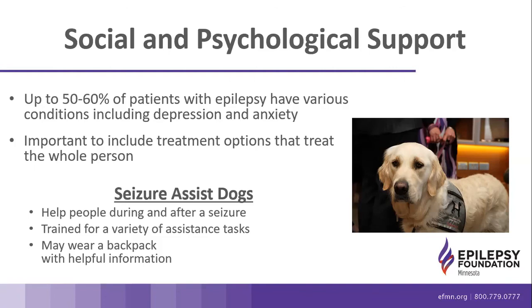It could be that they carry the emergency med on their backpack. It could be that they alert an individual to a seizure happening, so someone else that's on the bus or someone else that's in the area. It might be that if they have the vagal nerve stimulator, they carry that magnet and swipe that magnet. Dogs have been taught to do that as well. So you may see that in your work as a bus driver.